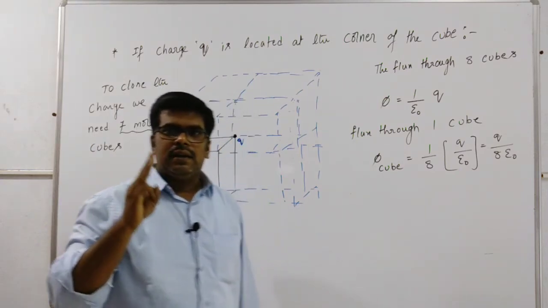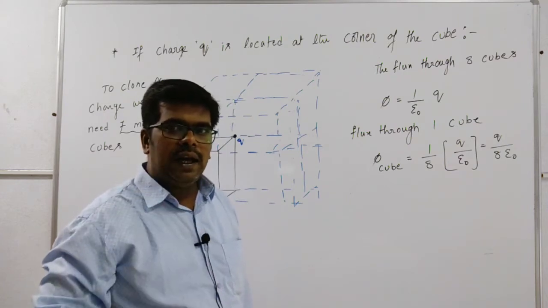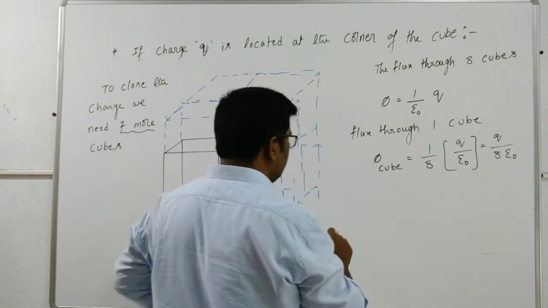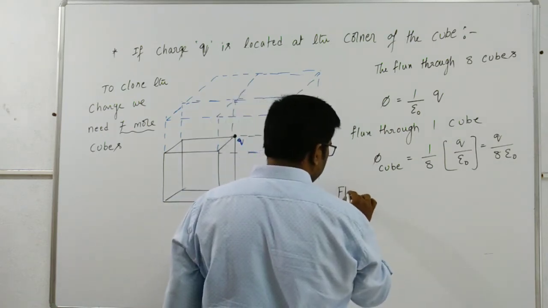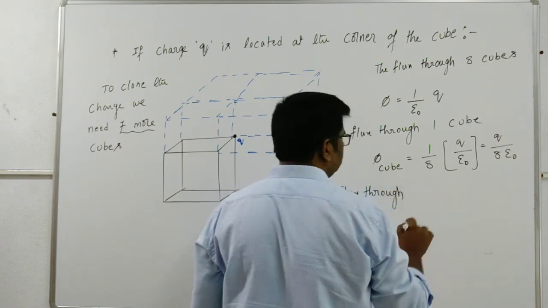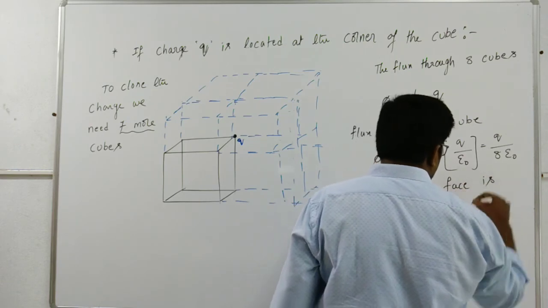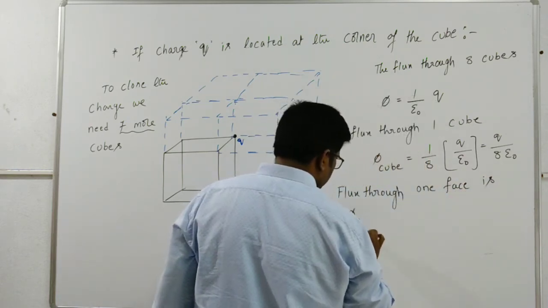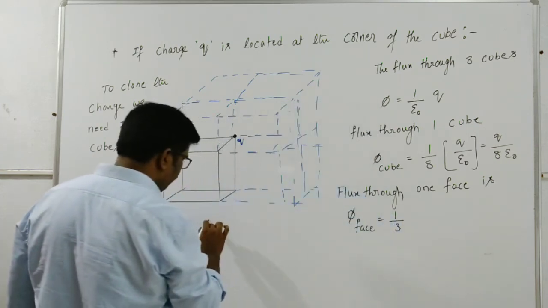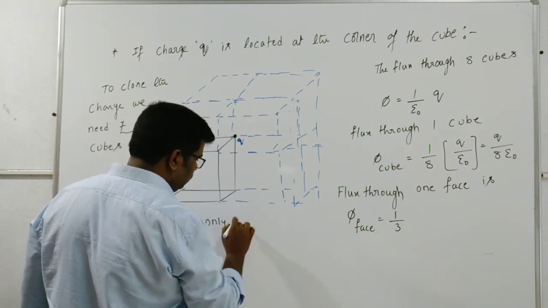So 3 faces we can see, and the flux through one face is nothing but 1 by 3 times the flux through 1 cube. Only 3 faces can be seen here.